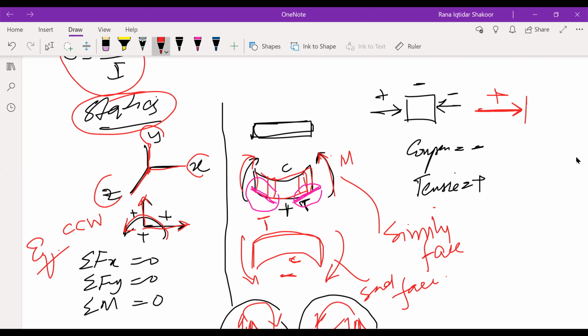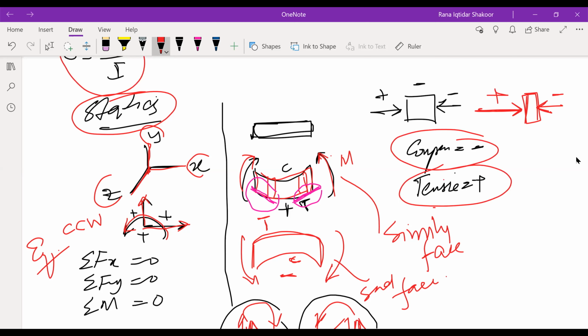Then if I put a load over here, and an equivalent opposite force that is negative, statically applied on it, now you can see it is a compressive force, right? And a compressive force is always negative. Likewise, a tensile force is always positive, right?